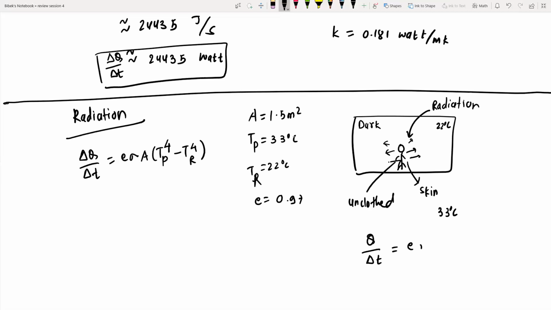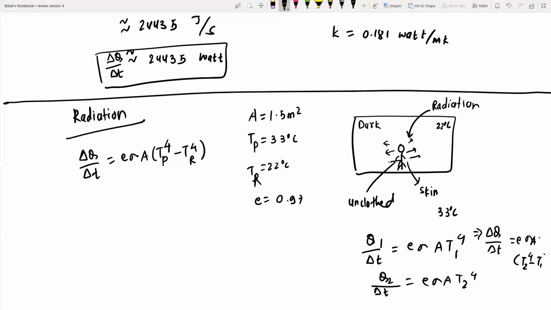But this is not the change. For change, you need to calculate the difference between two. So if you have state 1 and state 2, E sigma A T2 to the 4, then if you calculate the change, delta Q will be E sigma A times T to the 4 minus T to the 4.